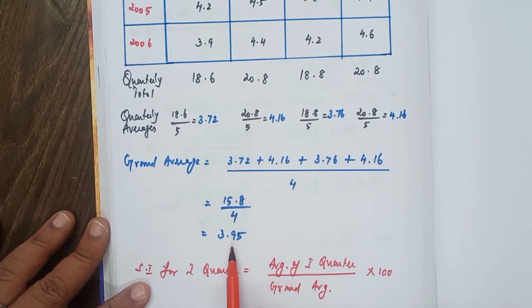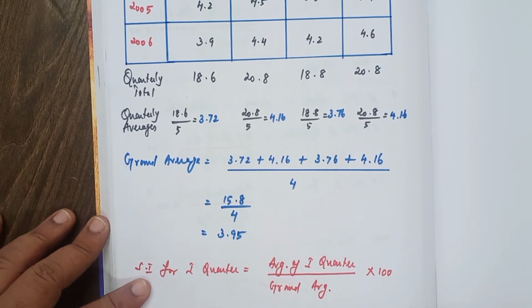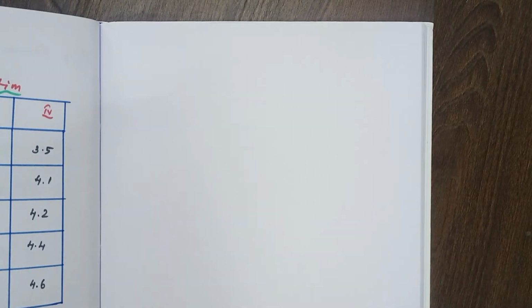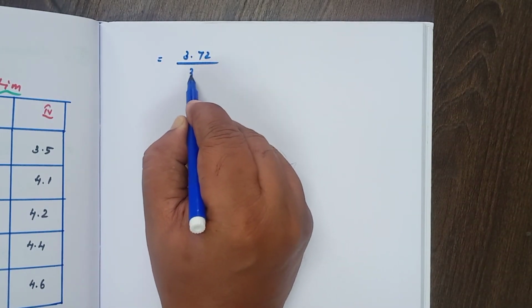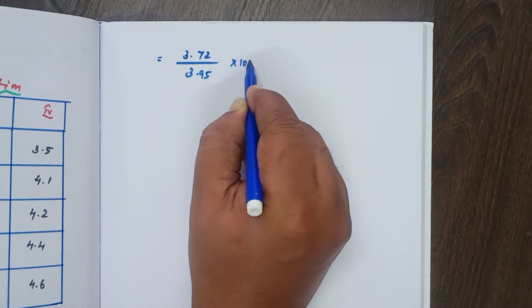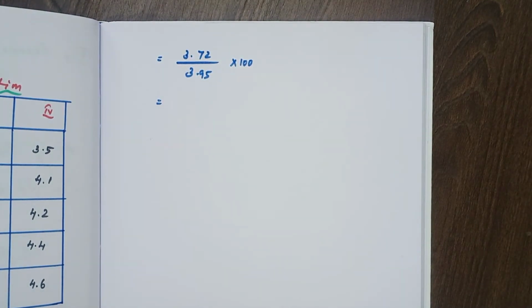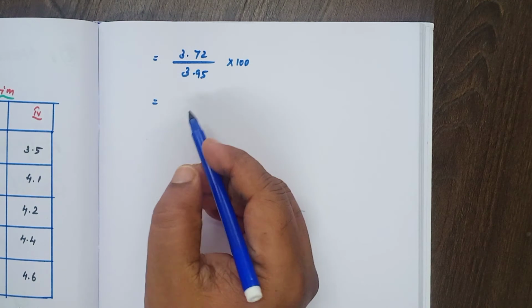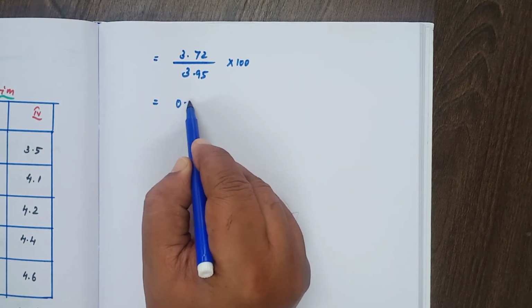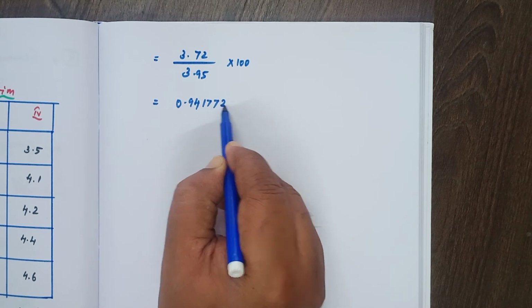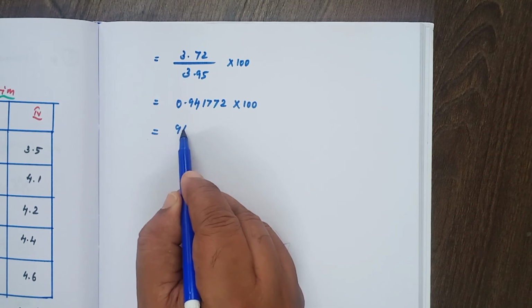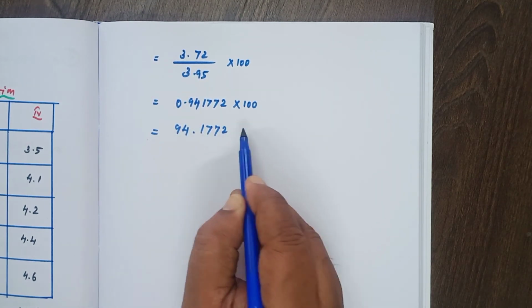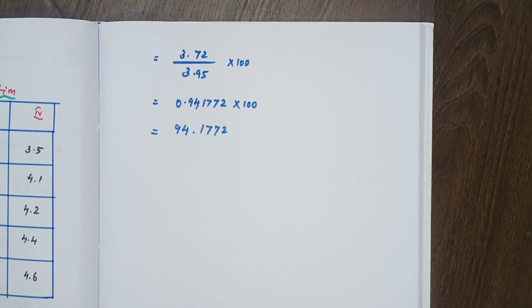So 3.72 divided by 3.95 into 100. 3.72 divided by 3.95 equals 0.941772, into 100 gives 94.1772. This is the seasonal index for the first quarter.